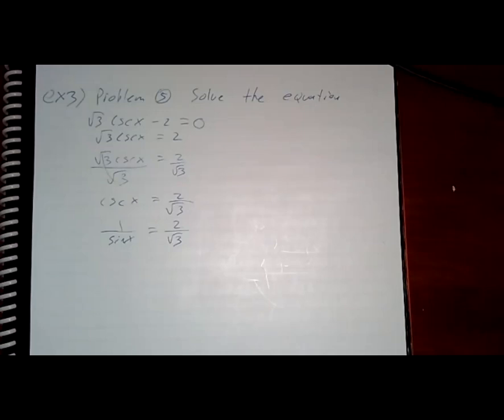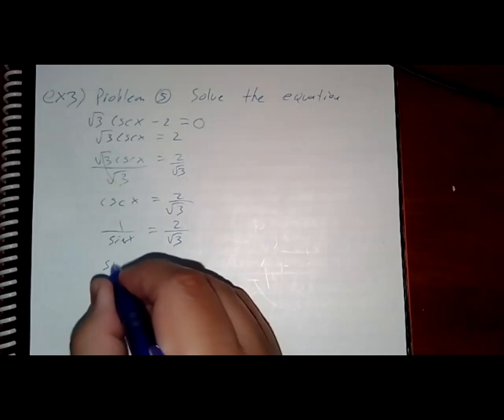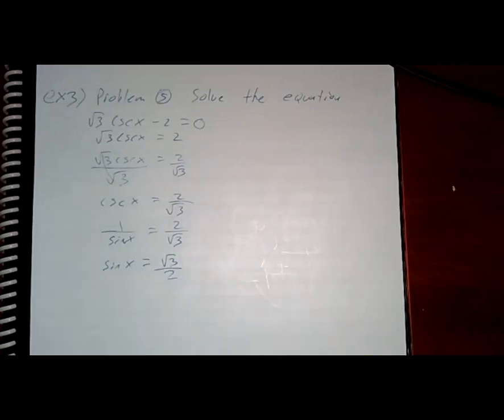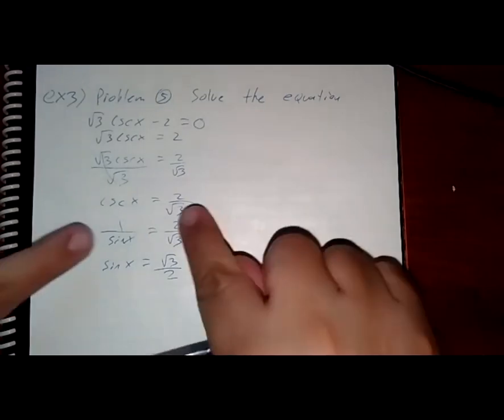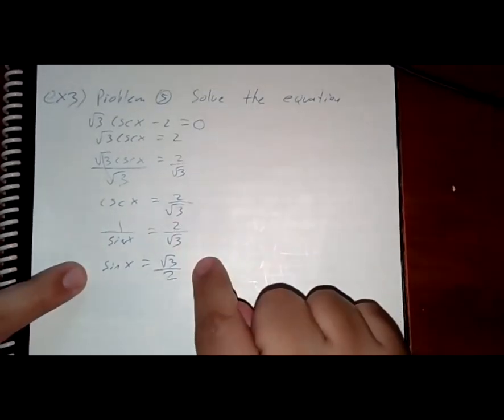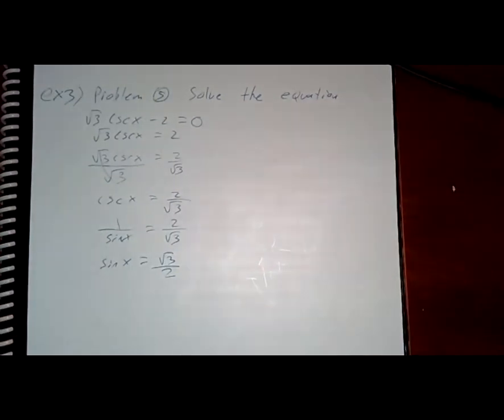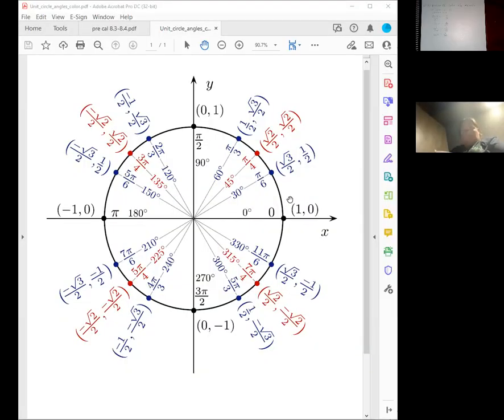Now, if I were to flip both sides over, do you see how this will become square root 3 over 2? Taking the reciprocal of both sides, flip them both upside down, we get to there, which is a point on the circle, right? Square root 3 over 2 is right here and right there for sine.